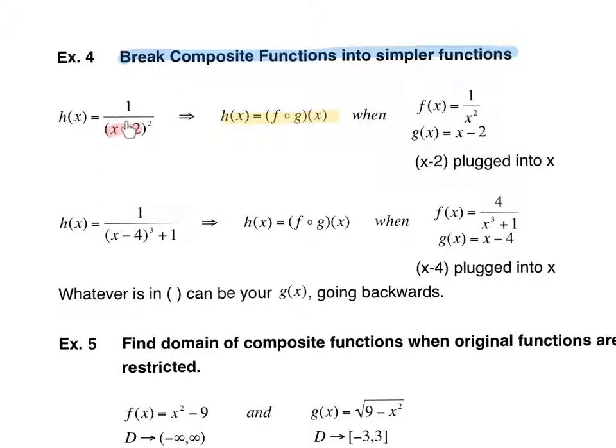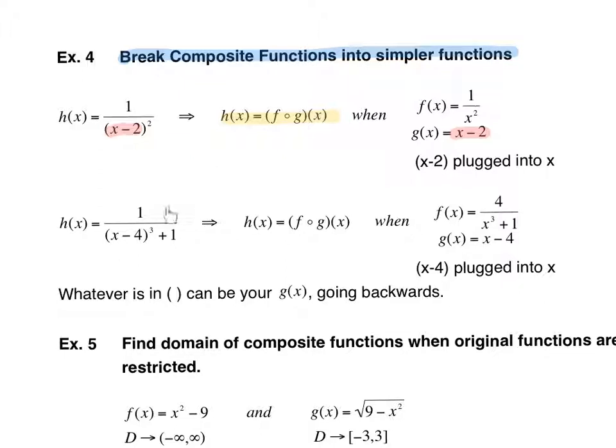So that 1 over something squared becomes your f function, and it's 1 over x squared. Then this thing that we highlighted, the part that's inside the parentheses, that becomes our g function. So there's our g function. And so now we have split 1 over x minus 2 squared into our two separate functions. So we broke them apart.